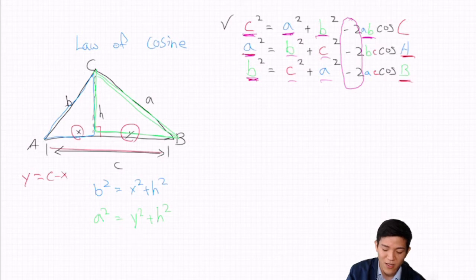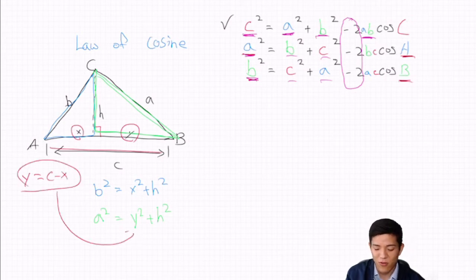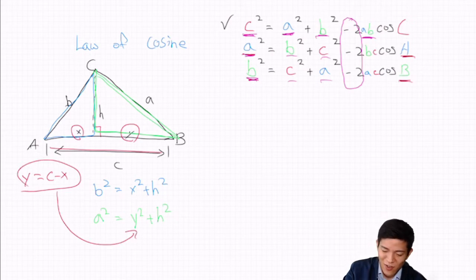So c minus x. So I'm going to substitute this into this one right here, okay? It gets a little bit complicated, so you have to follow carefully. This then becomes what? A squared is equal to (c minus x) squared plus h squared.